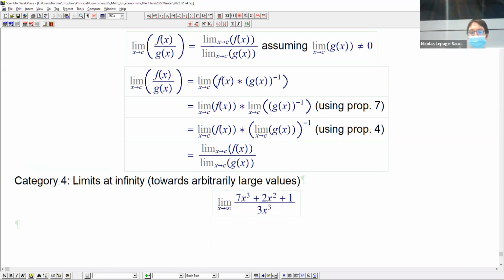If I just told you x is at infinity, it doesn't really mean all that much anyway. We don't know what it means. But how can we deal with this?